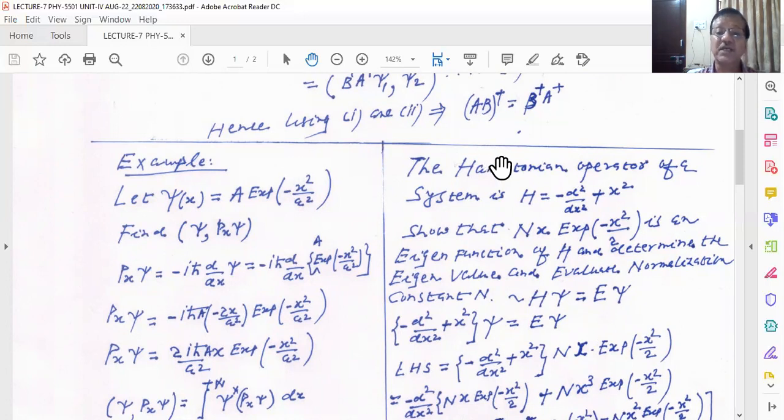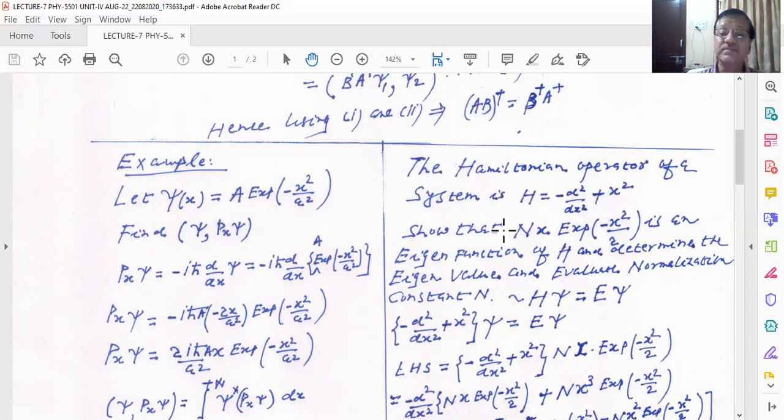Now there is another problem which I want to solve. The Hamiltonian operator of a system is given: H is equal to minus d square by dx square plus x square. This is given to you.